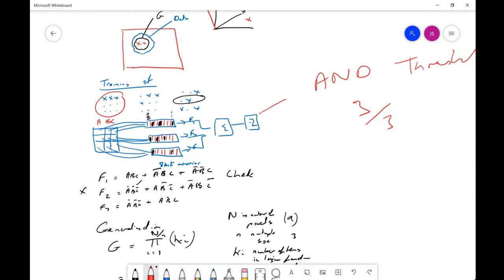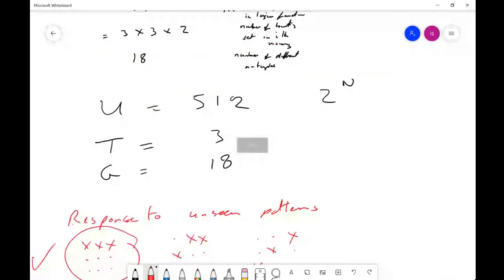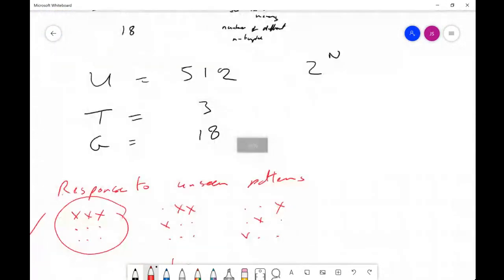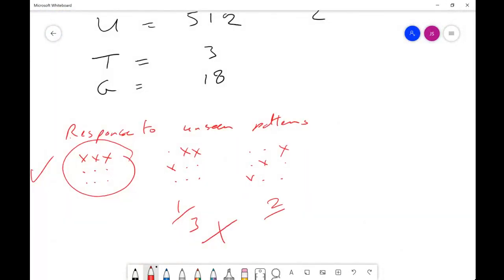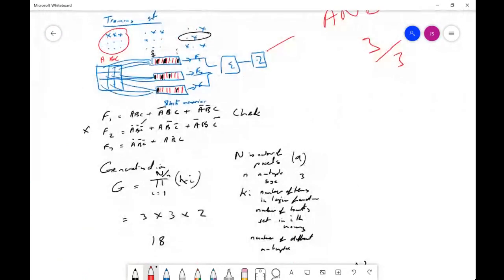Are we seeing 2 here? 0, 1, 2. Yes, 1 comes out. And 4. I think that gives a score of 2 out of 3. So that'll be 2 out of 3. And with an AND threshold, it will not give a response overall to the pattern.